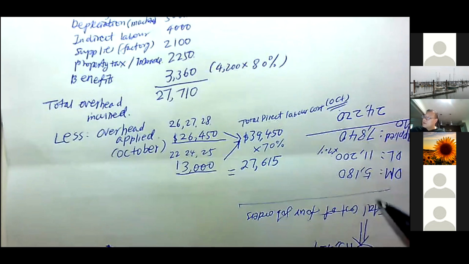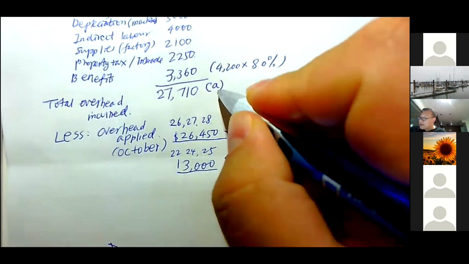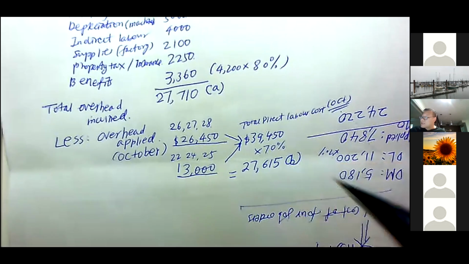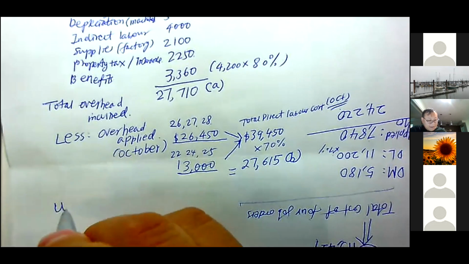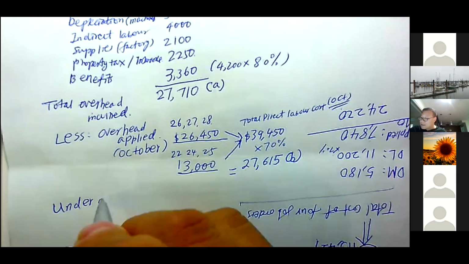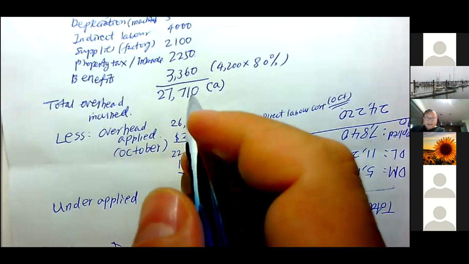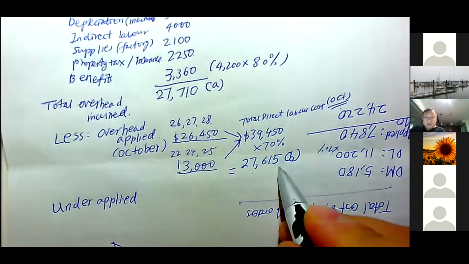Now the actual cost is A, the applied cost is B. So what's the balance? The balance is under applied. 27,710 minus 27,615.